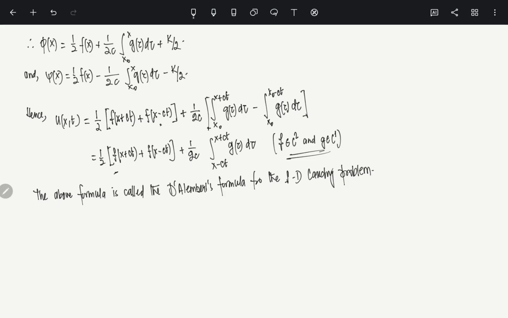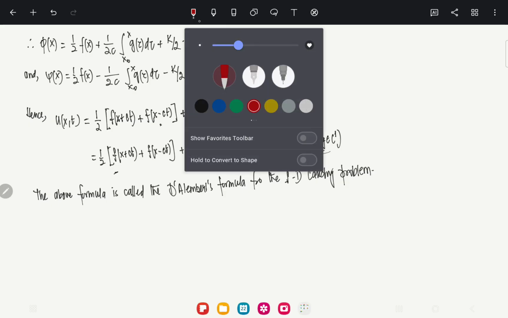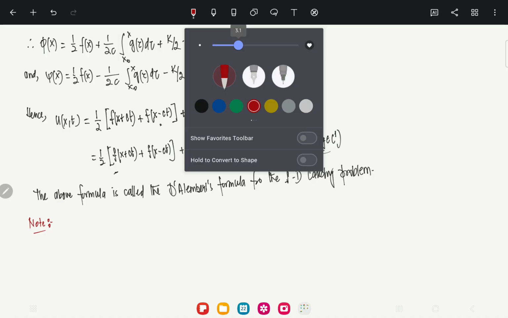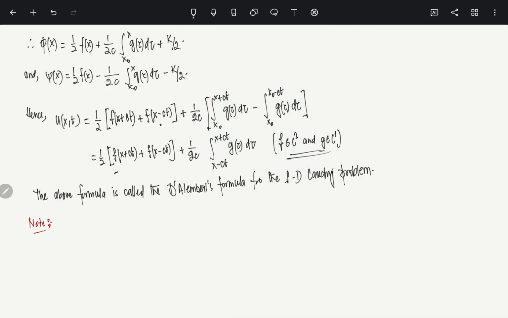Now you see, there is a small note which I want to put here. So let's write it as a note. It says that the value u of x, t, let's say x, t is a point, depends on the initial values of f at the points x minus ct and x plus ct.